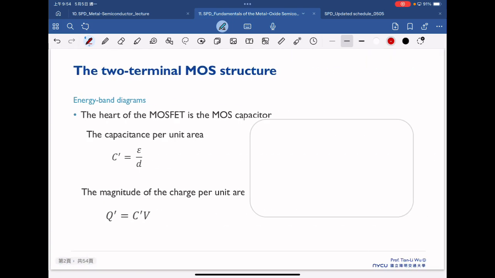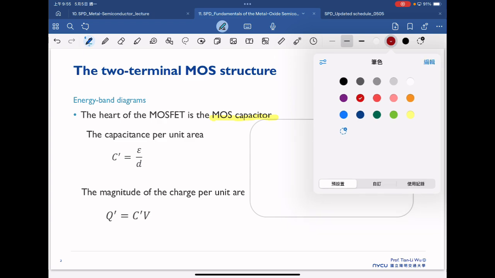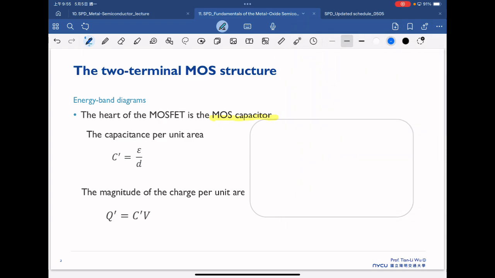The first topic is the heart of the MOSFET. The critical part of the MOSFET is the MOS capacitance. The typical structure for the capacitance is shown here. It's very simple.